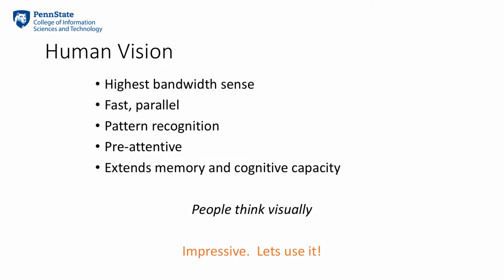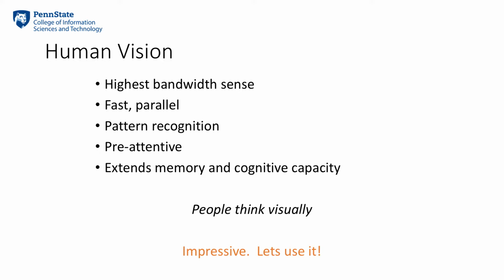It also has the nature of parallel processing, so we have many sensors in our eye that can take input in a parallel fashion. Human visual systems are also trained to perform pattern recognition. We are very fast at perceiving clusters, outliers, and any irregularities.